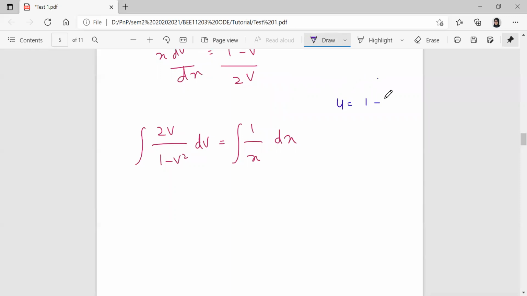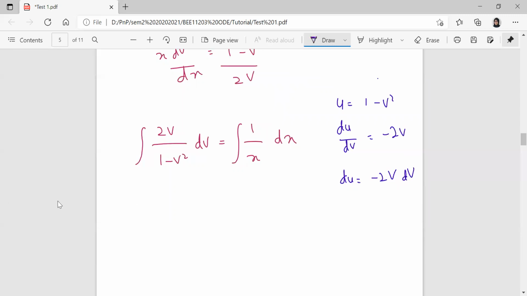Let u equal 1 minus v square. Then du over dv equals minus 2v, or du equals minus 2v dv.